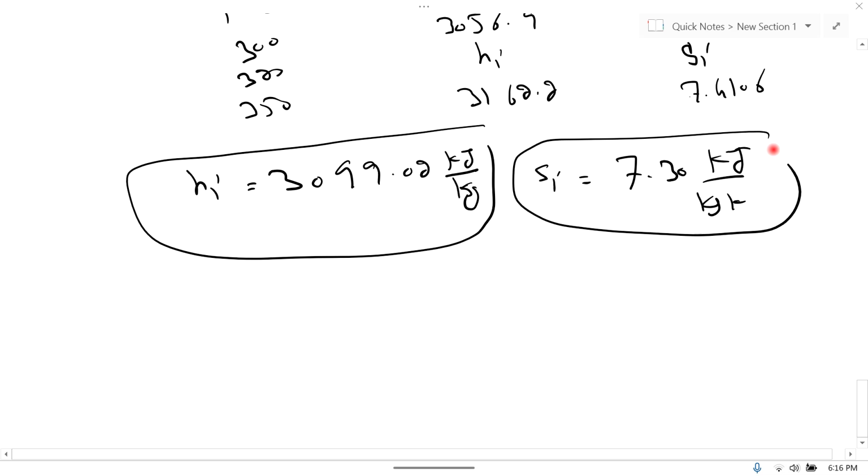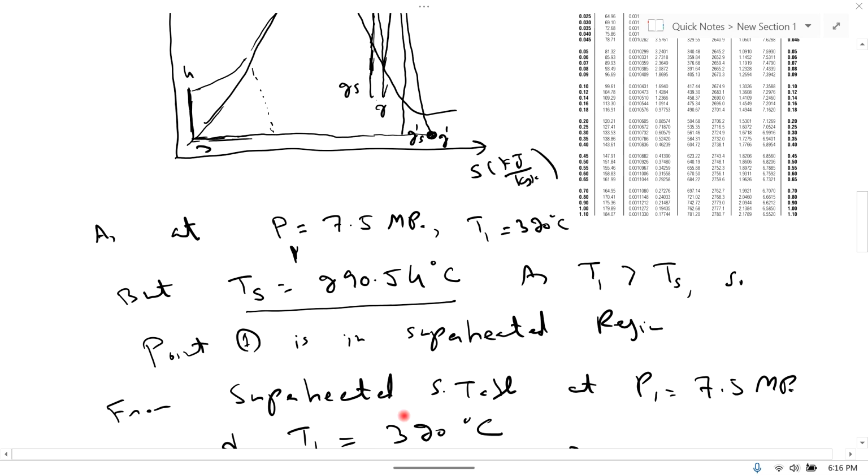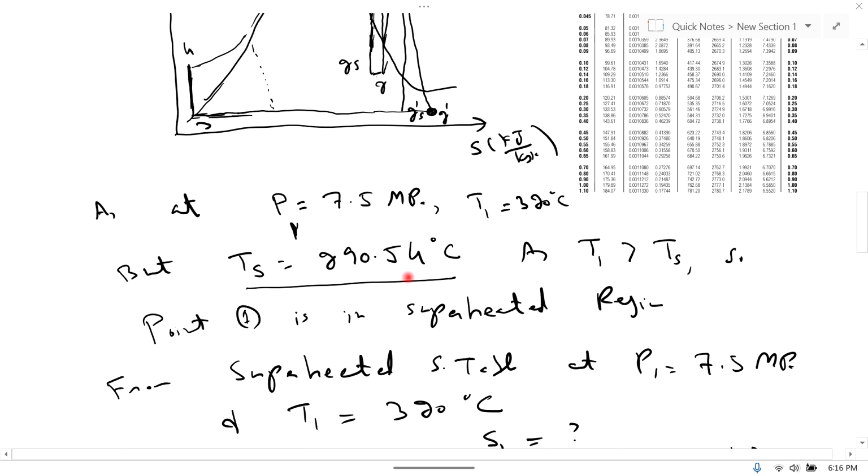Now we have to find H2, enthalpy and entropy at this stage. Here H2 and H2S, we have to find the enthalpy.